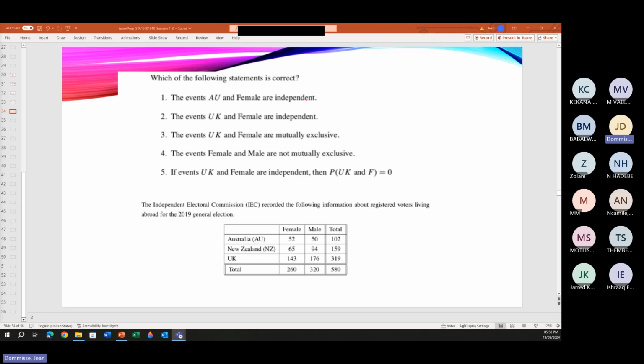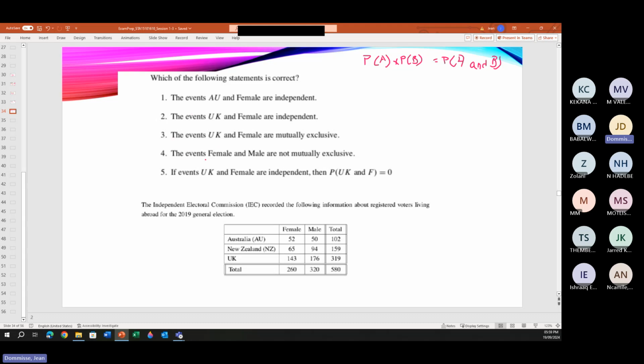So there we will need to work out again probability of A times probability of B should be equal to probability of A and B. So remember, that is the independent one. So we probably will need to work out 1 or 2 of those questions. But let's just for interest's sake look at 3, 4, and 5 as well.